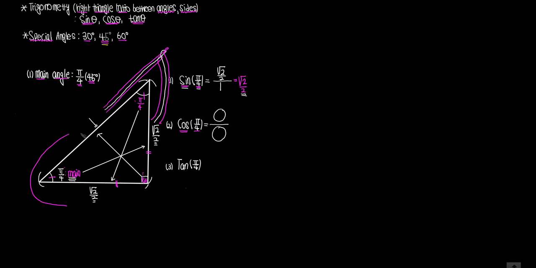So the value in our denominator will be the hypotenuse 1, and the value inside the numerator will be square root of 2 over 2. And if we're dividing some number by 1, it will give our answer just like its value as square root of 2 over 2.